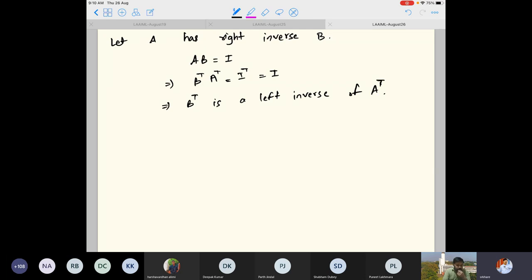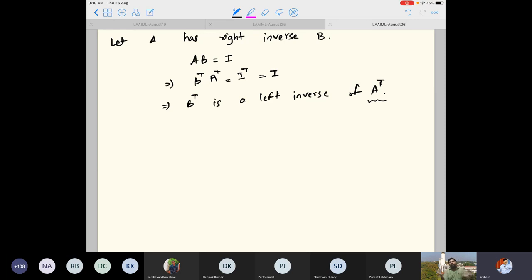So if a matrix is left invertible, A transpose is left invertible because a left inverse exists. What do you know about the columns of A transpose? The columns of A transpose are linearly independent. So here, the rows of A will be linearly independent, right?